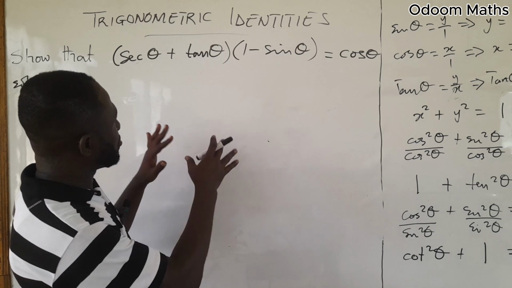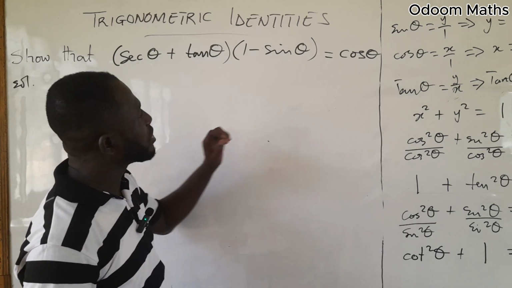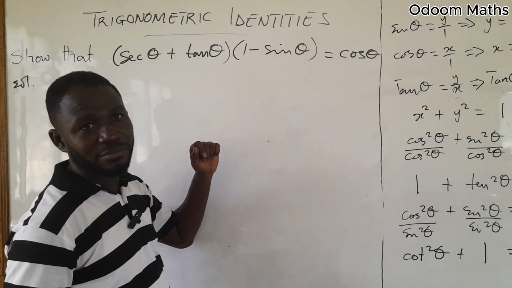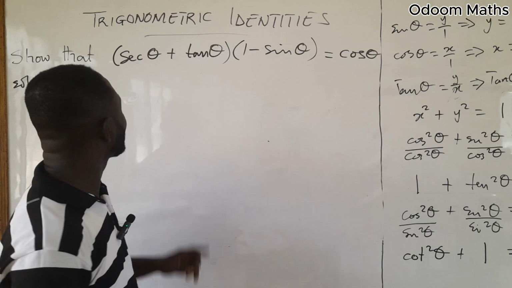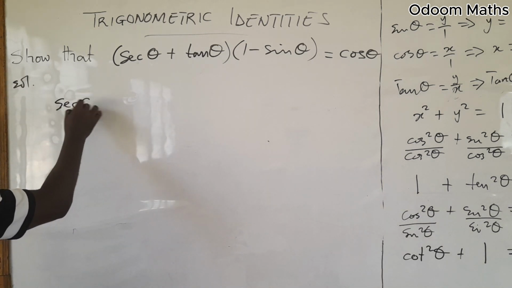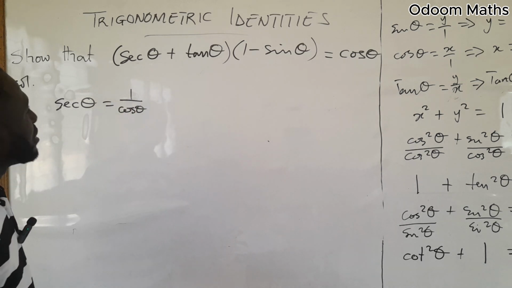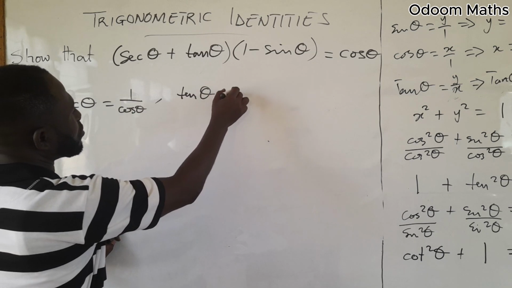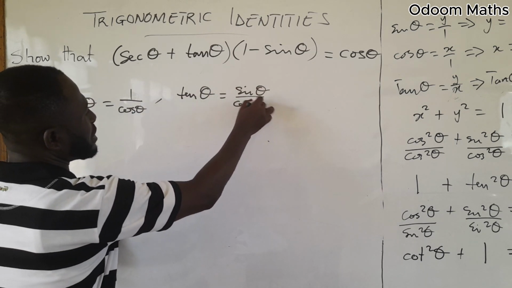So looking at the nature of this question, I prefer starting from this side because it will be difficult to get from here and then get an answer in this manner. So let's look at the easiest side. Now we know that sec theta is equal to 1 over cos theta. Then we also know that tan theta is equal to sin theta over cos theta.